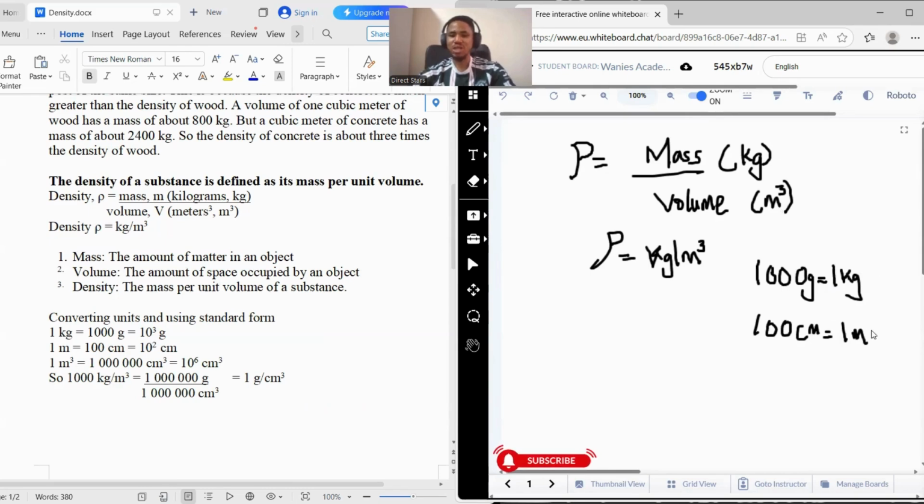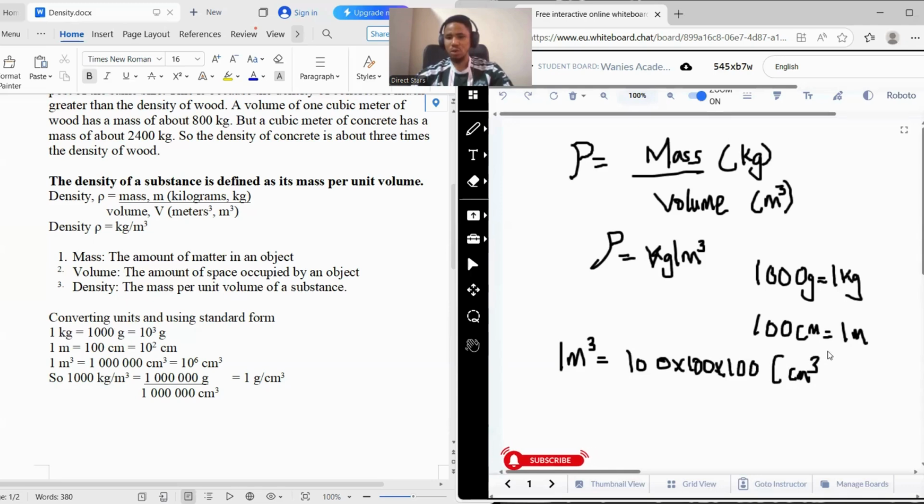If it is meter cube, that is meter times meter times meter. So 1 meter cube is equal to 100 multiplied by 100 multiplied by 100 centimeter, so all these we make as centimeter cube.